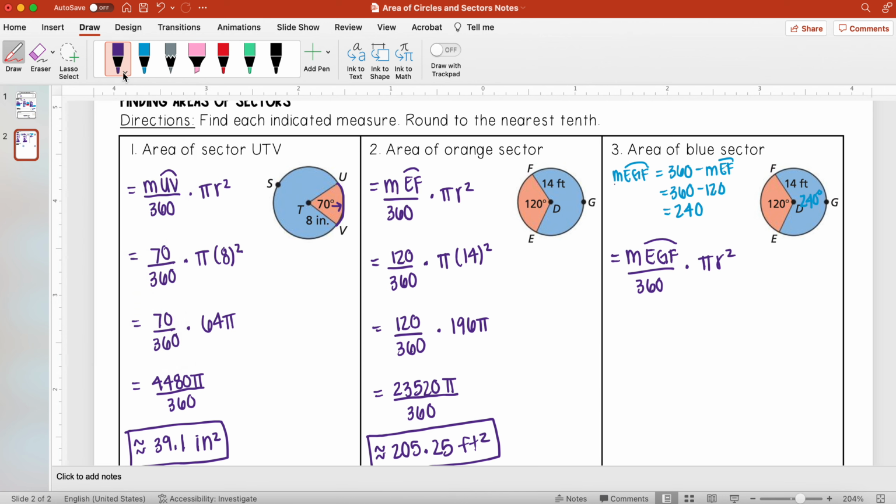So I can go ahead and plug that in. So I have 240 over 360 times pi r squared, which we already know is going to be 196 pi from our previous problem. 196 times 240, I get 47,040 pi divided by 360.